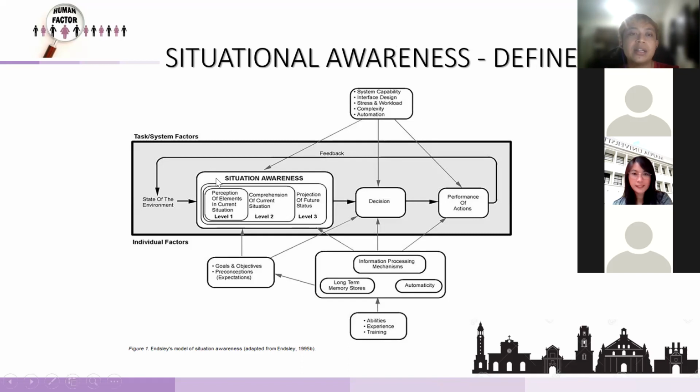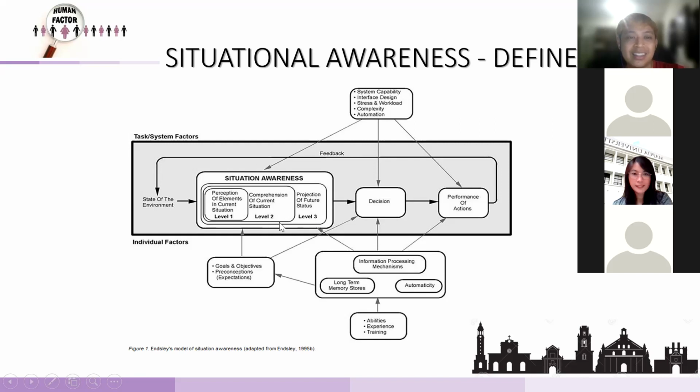But basically, situational awareness consists of three levels. The first is perception of elements in the current situation. The second is comprehension of the current situation, and the third is projection of future status.